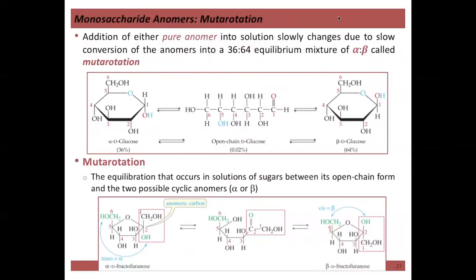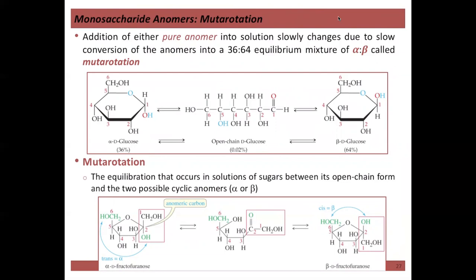Okay. Now, as I said, when we put the open chain in solution, it tends to close up and form these cyclic structures. Now, we gave you the example in the distribution of products for fructose, so let's look at glucose. So we throw glucose in water, and we just happen to get a very, very small amount of the open chain, 0.02%.